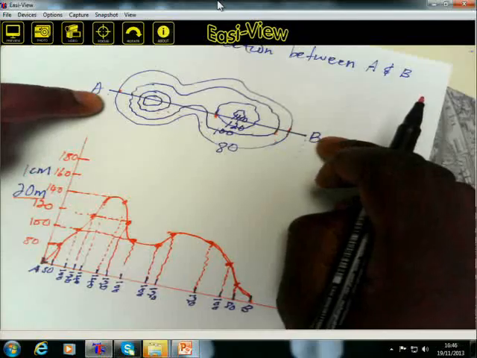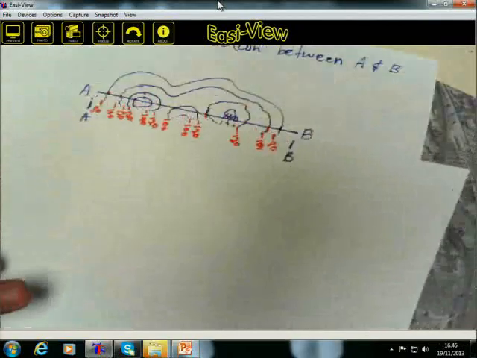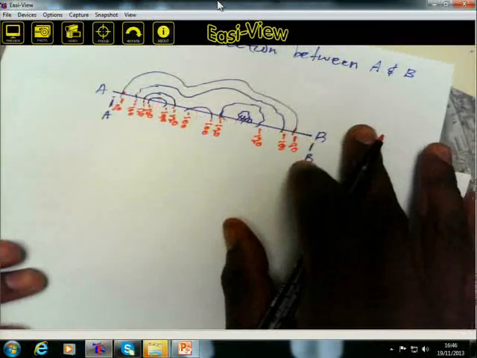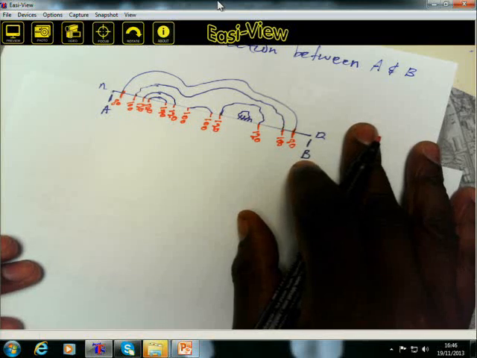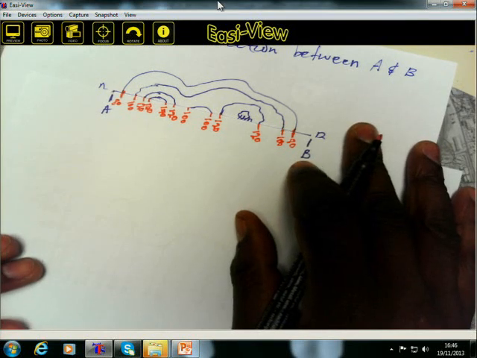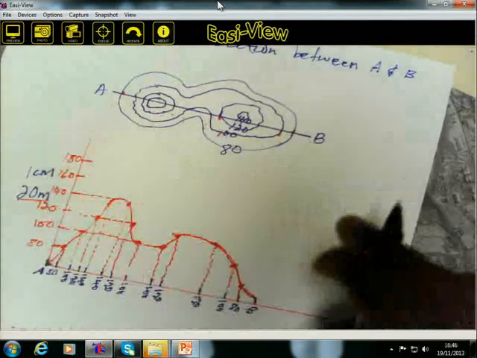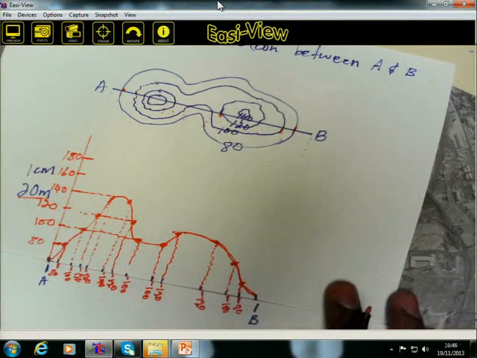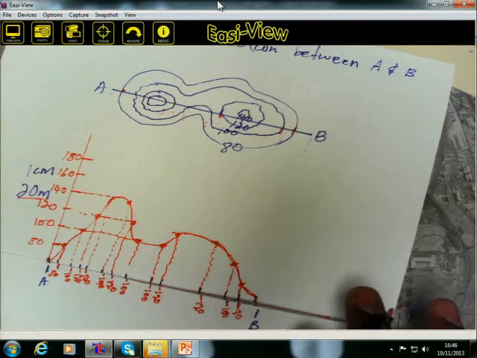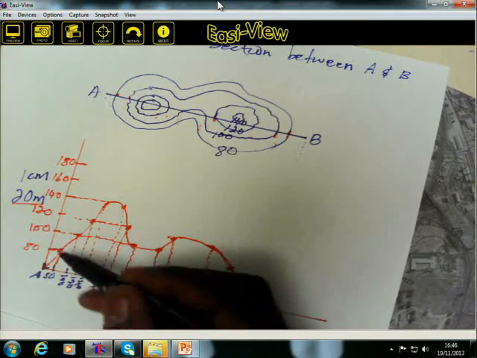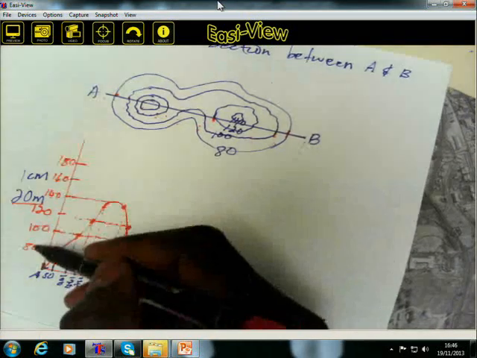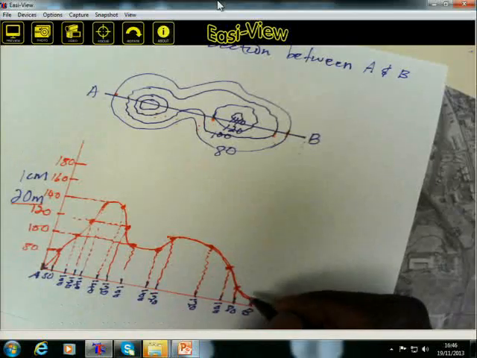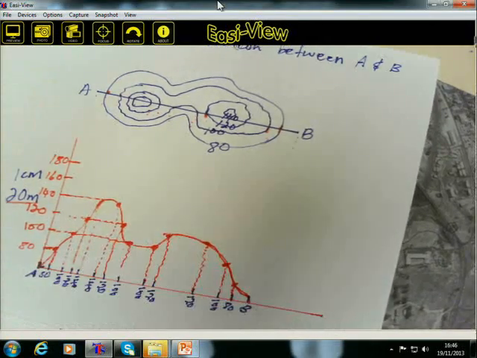Given between A and B, I said the first step, you put all your contour line readings on it. After that, this is normally given in an examination, you transfer them into your answer book. After you have transferred them, each and every digit should equal the digit that we have on the y-axis with the x-axis, and then you join the points and it will give this.